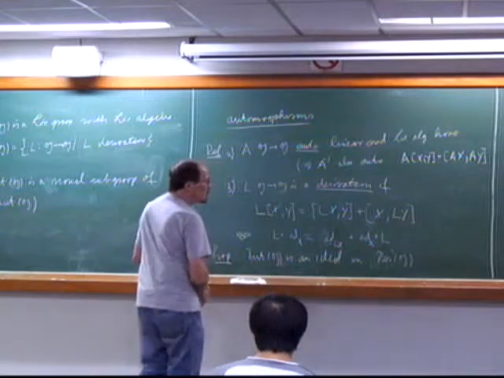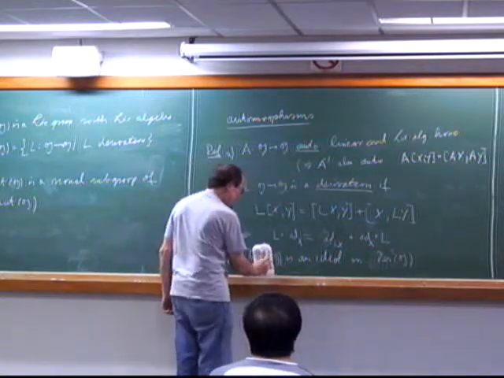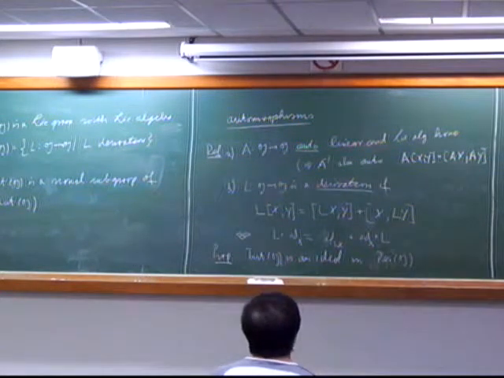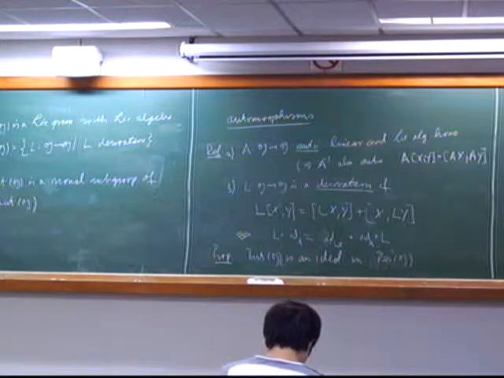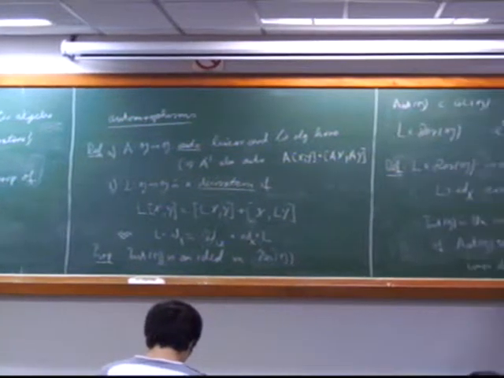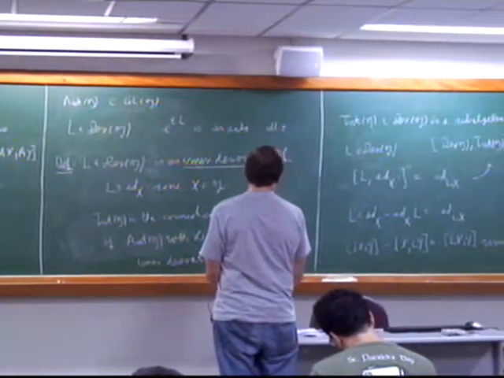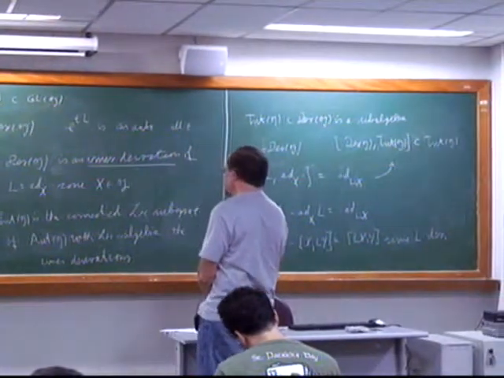Int G was a Lie subgroup. Derivations were the inner derivations, and der G is a normal subgroup. Or I didn't give the inner derivations a name, is that it?